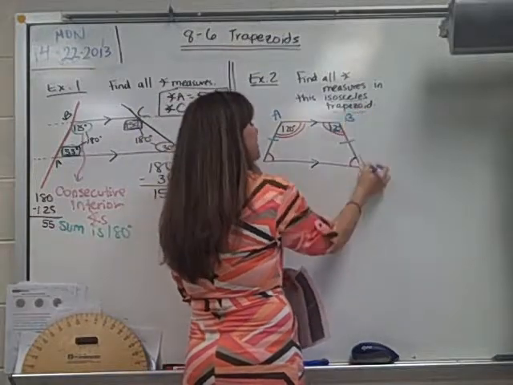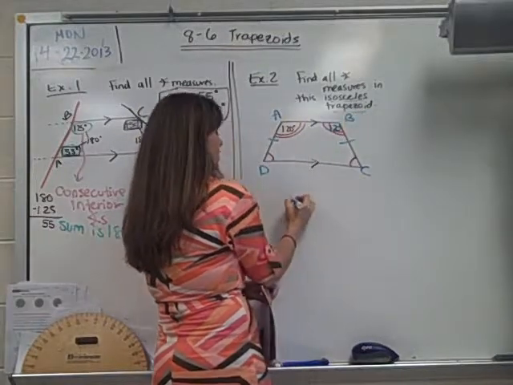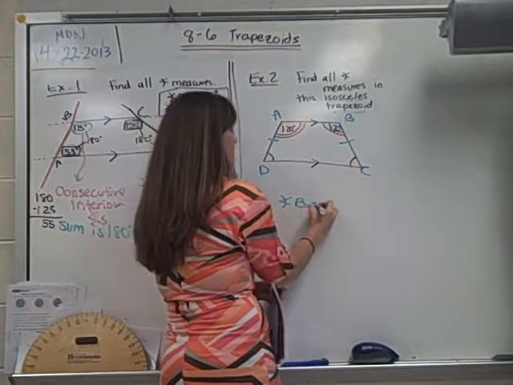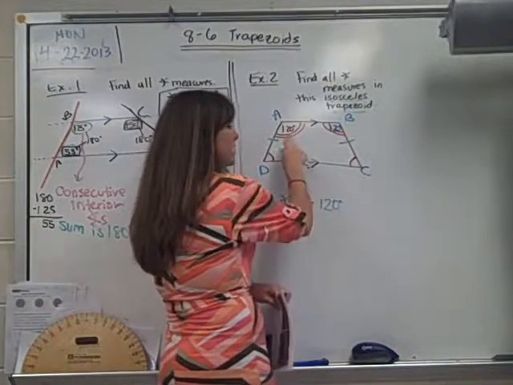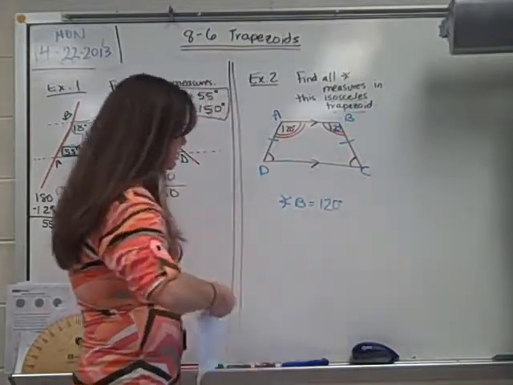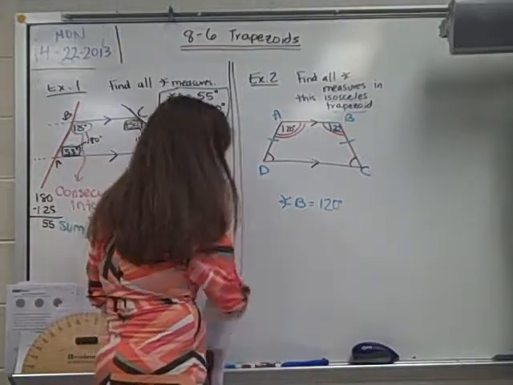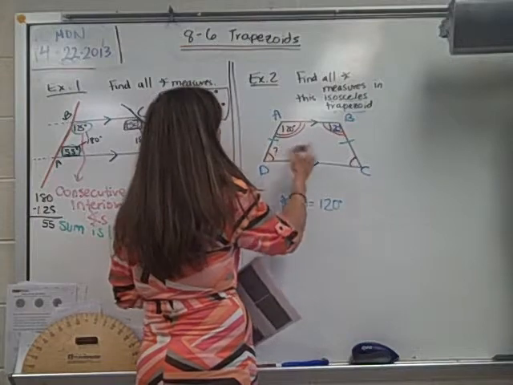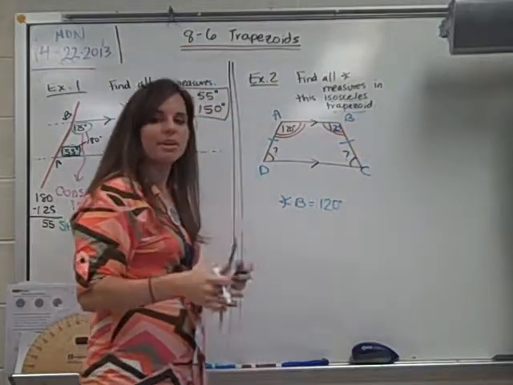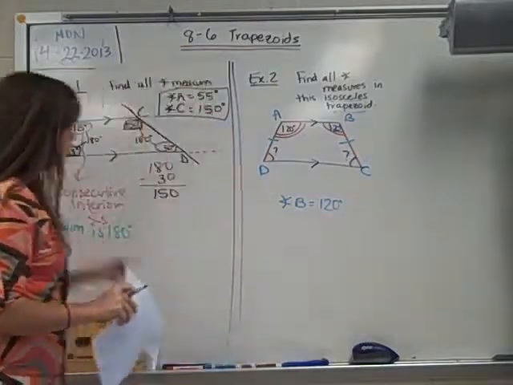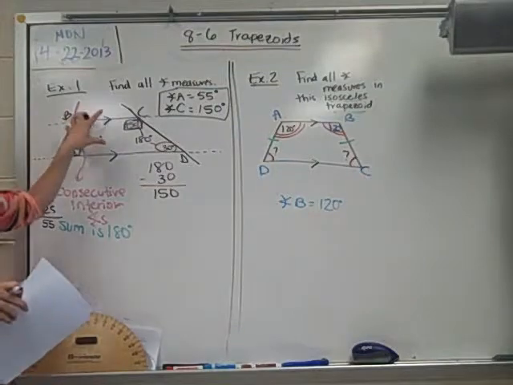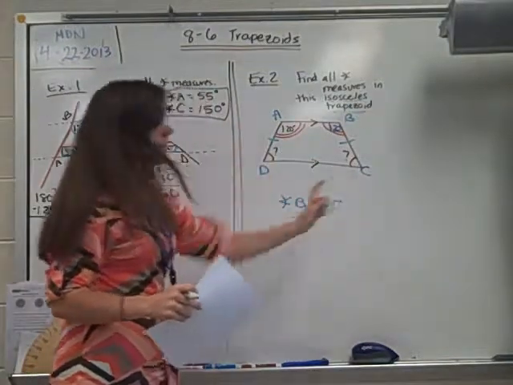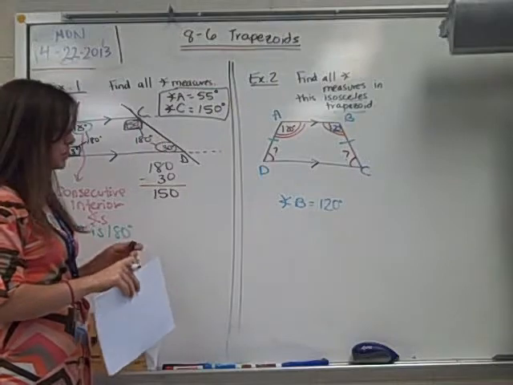Let me give these names again. So the measure of angle B, we just found to be 120 because it is congruent to its other base angle. We do know that D and C are also going to be congruent, but what measure are they going to be? How are you going to find that out? Think about the logic we used over here. We still got parallel lines here, so look at your transversals.